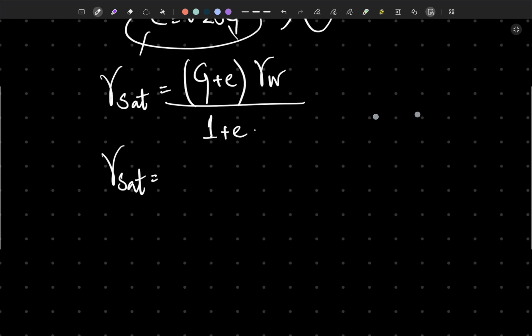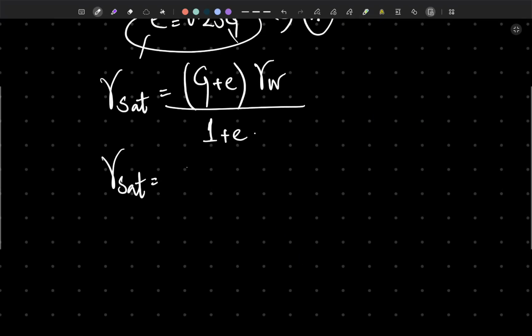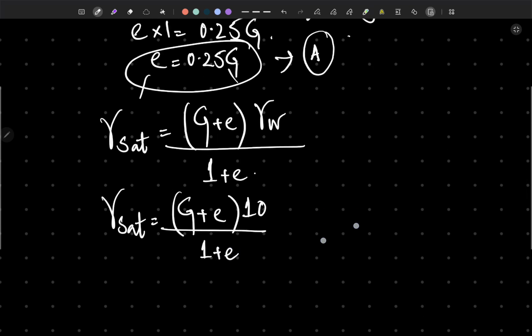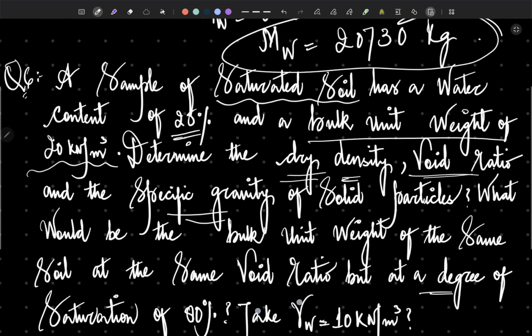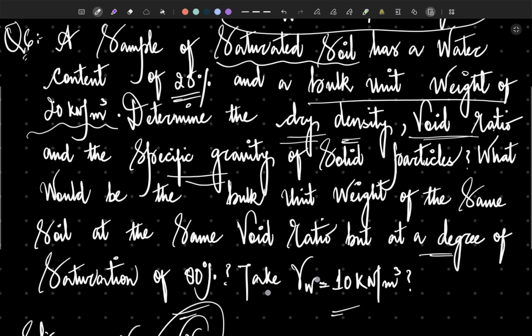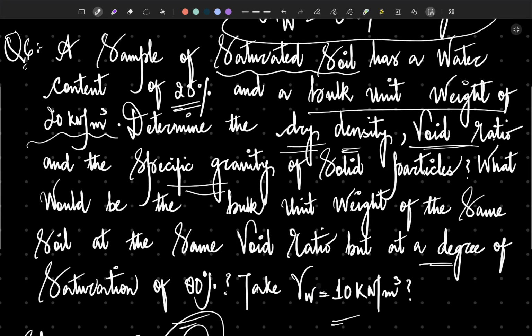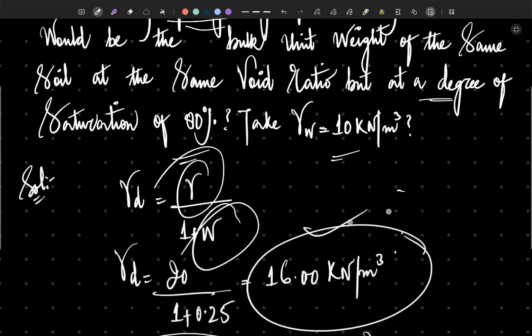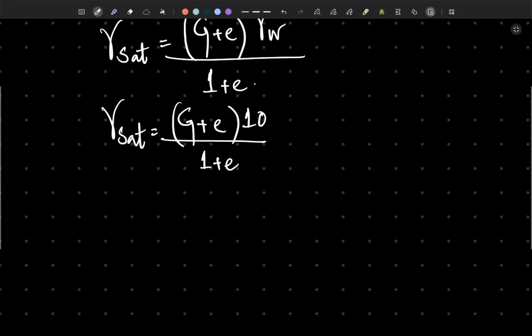Here, the saturated unit weight is (G plus e) times 10, divided by 1 plus e. How much is it? It is 20, as given. A sample of saturated soil has a water content of 25% and a bulk unit weight of 20 kilonewton per cubic meter, and because the soil is fully saturated, this bulk unit weight is the saturated unit weight.